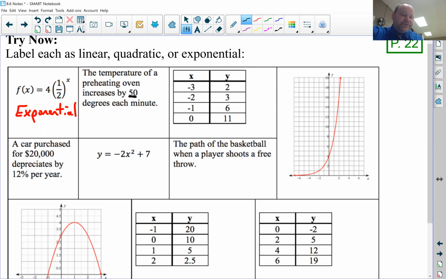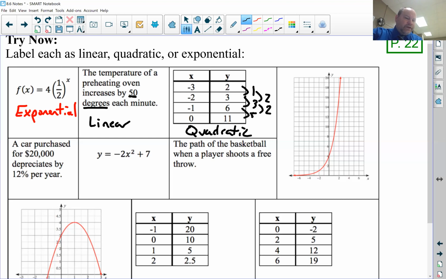There's our constant rate of change. Linear. Table, so I'm going to look at differences. And my second difference is the same. Quadratic.